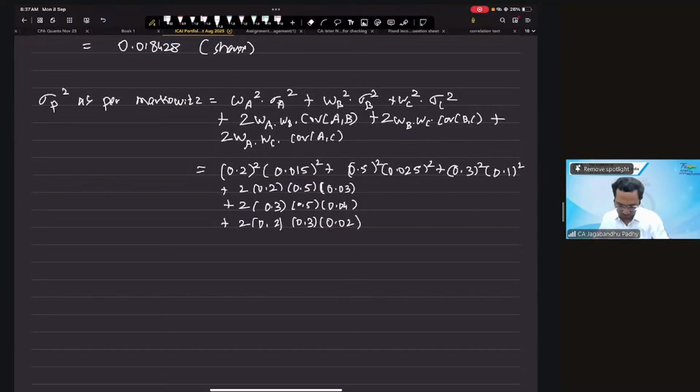So you can just get the answer, and this is going to be the portfolio variance as per the Markowitz formula. What is this number, the Markowitz portfolio variance?